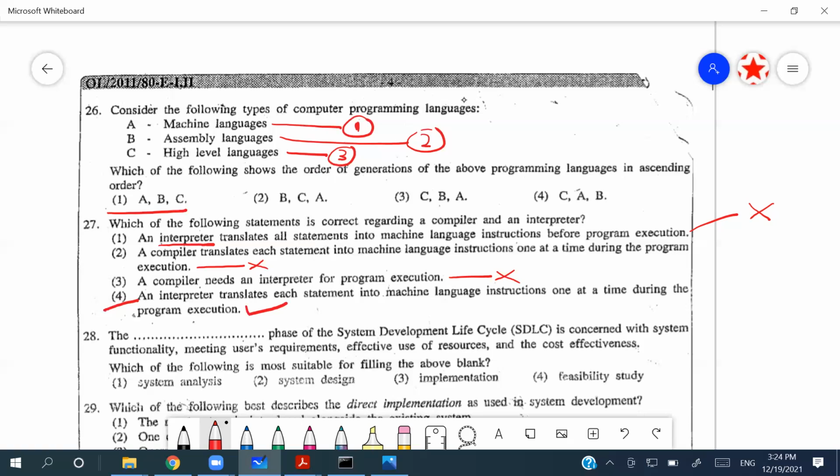Hold on a second. Functionality, meeting the user requirements, effective use of resources, and the cost effectiveness. Yeah, that's more into the feasibility study, people. Yeah, Saran, yes, yes.